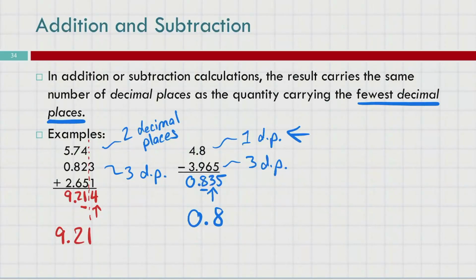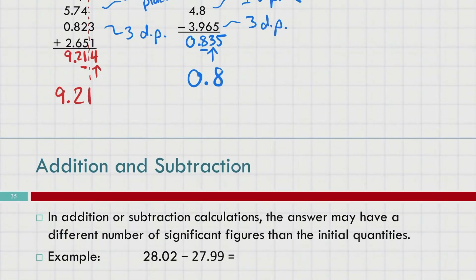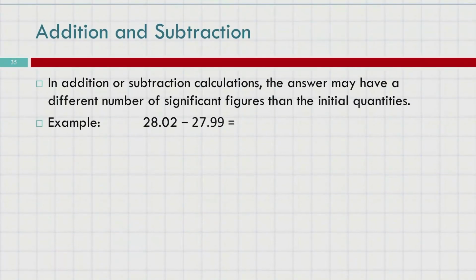One of the weird things that can happen with addition and subtraction is that the number of significant figures can change, like we saw in that second problem. Here's a bigger example of that. If we look at significant figures, that's not what's important to this calculation, but if we look at significant figures, both of those have 4 significant figures. Good stuff. They also have 2 decimal places, and that's what we care about because we're doing addition and subtraction. So we're going to have 2 decimal places in our final answer.